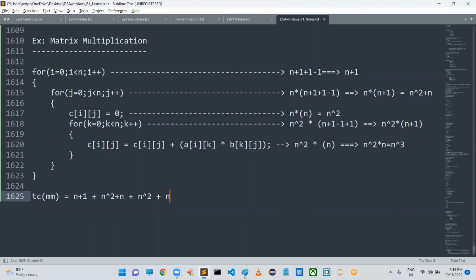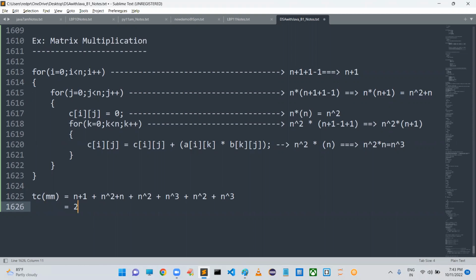Then n square into n means n cube plus n square. For the fourth line, that is nothing but a k loop. And the last loop is going to execute n cube, n power 3. If you substitute the values, how many n cubes are there?